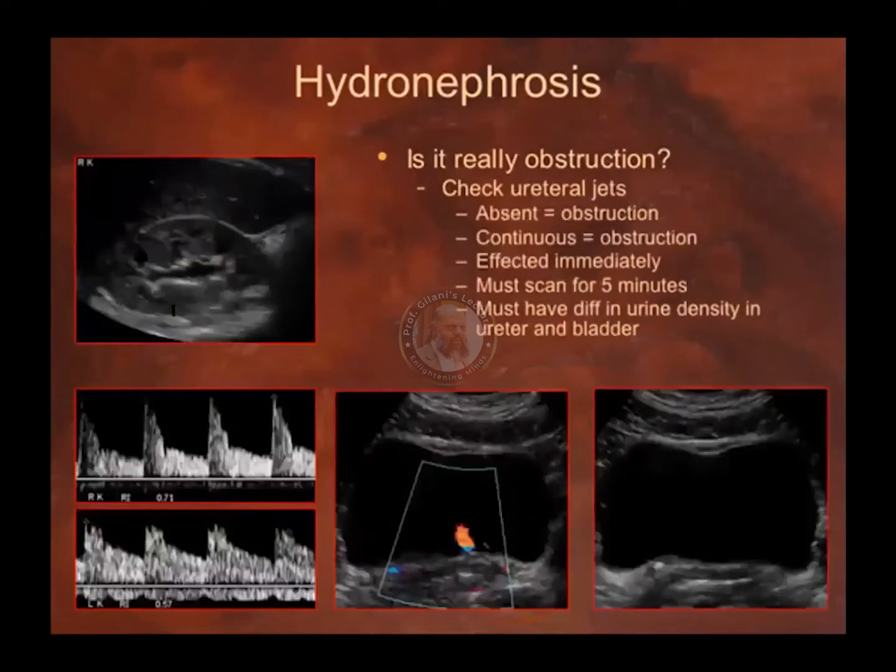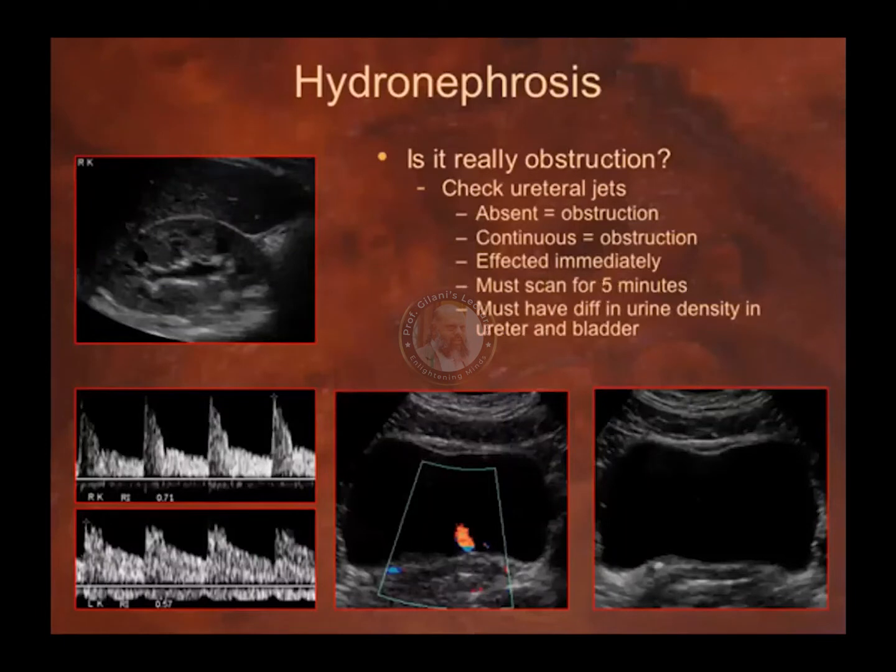If it is real obstruction, then we look for different things, like check whether the ureteric jets are absent if there is obstruction, continuous obstruction affected immediately, and you must scan for 5 minutes, so that if there is anything which is transient, you can rule it out.